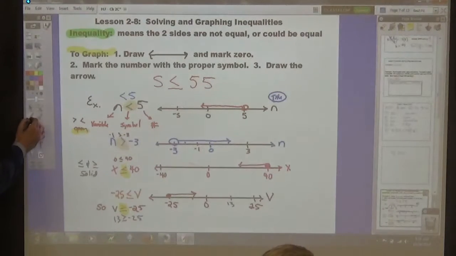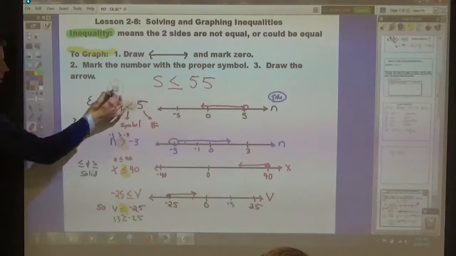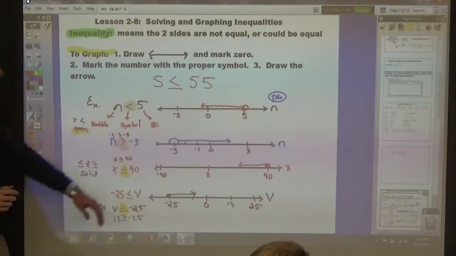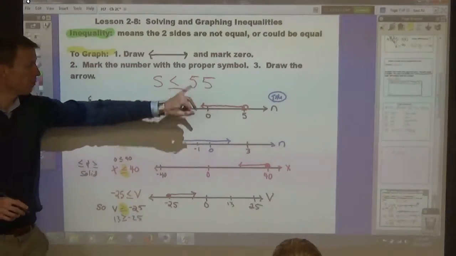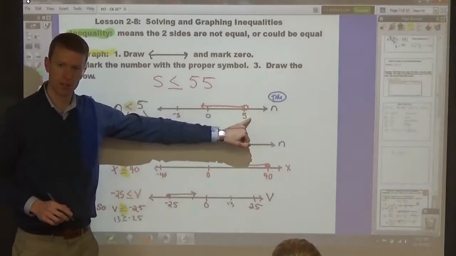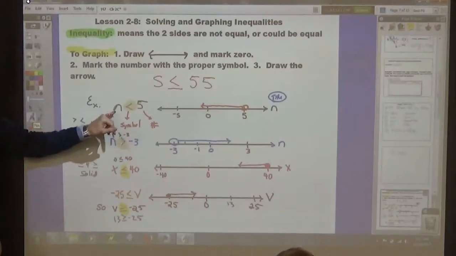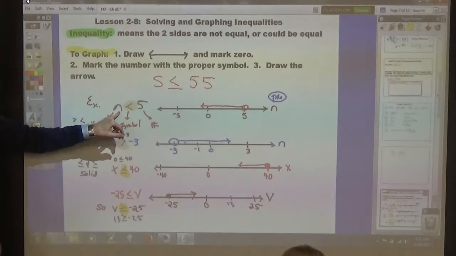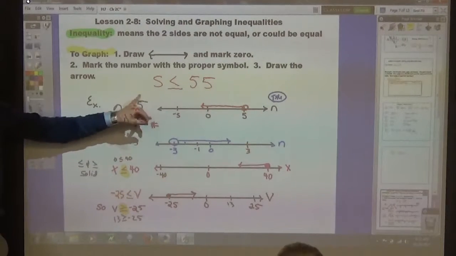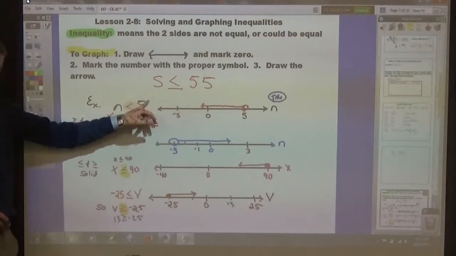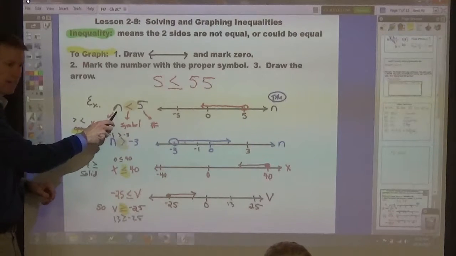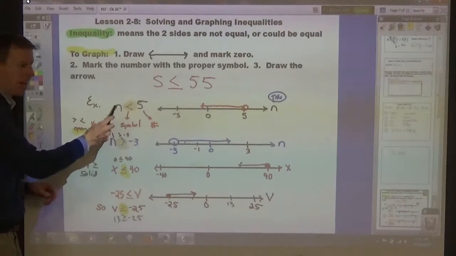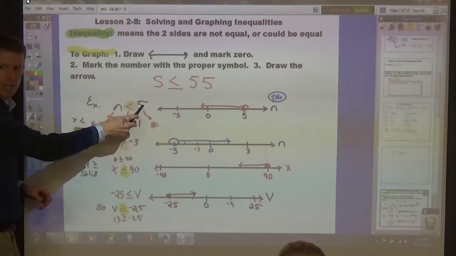Now, how do you know which way to shade? Well, if you mark the number first, and the statement is written so that the variable is written first. So when you look at this inequality statement, it says n is less than 5. N comes before 5 in the statement.